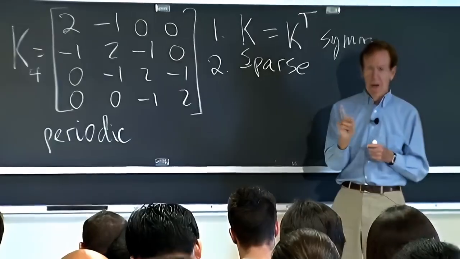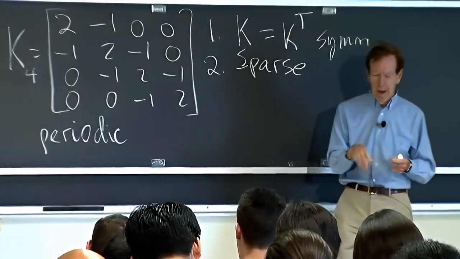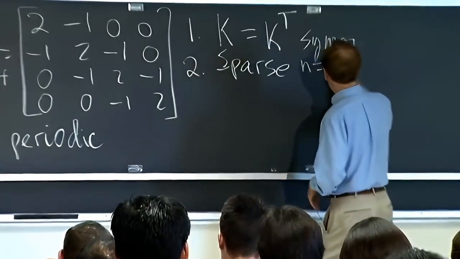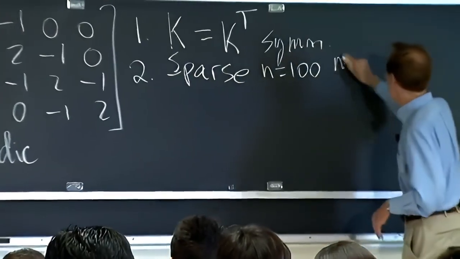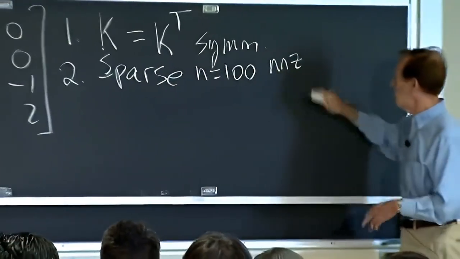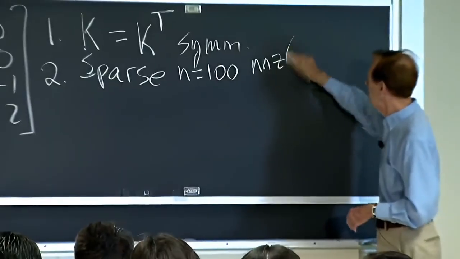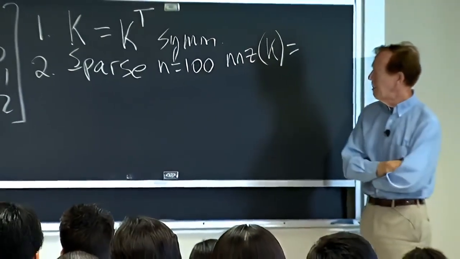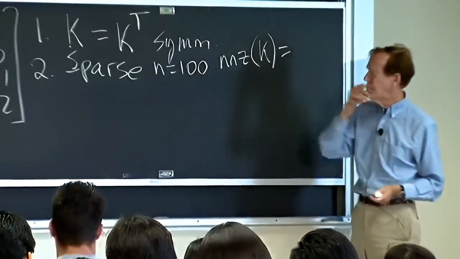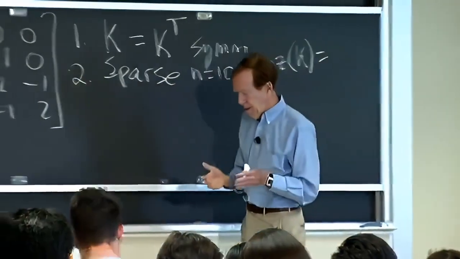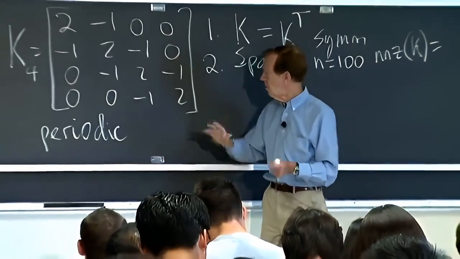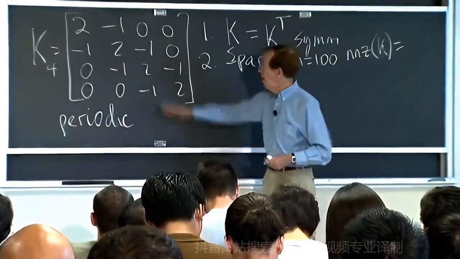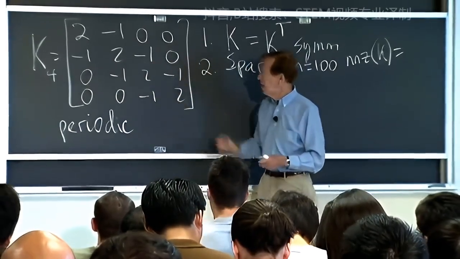So if that matrix was 100 by 100, how many non-zeros would it have? So if n is 100, then the number of non-zeros, wow, that's the first MATLAB command I've written. The number of non-zeros of K would be, anybody know what it would be? I'm just asking you to go up to 5 by 5. I'm asking you to keep that pattern alive. 2's on the diagonal, minus 1's above and below.